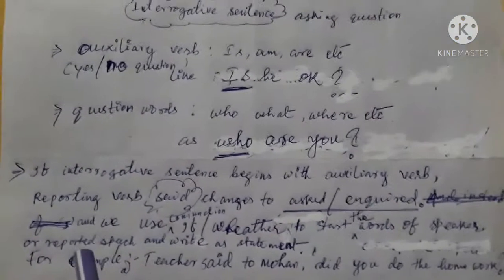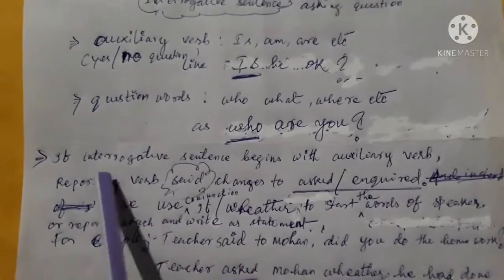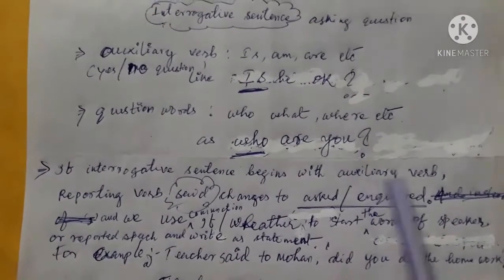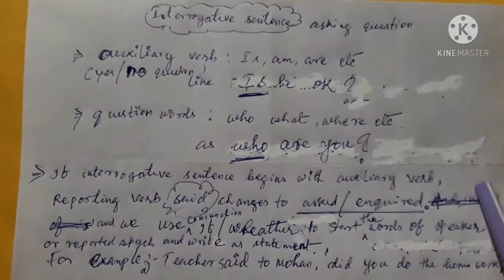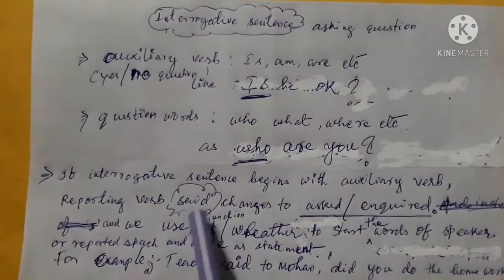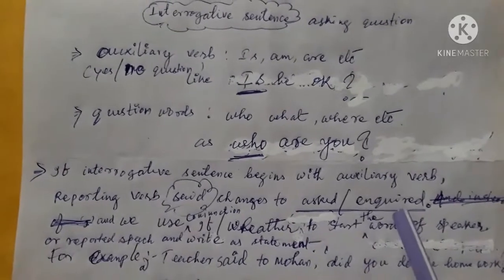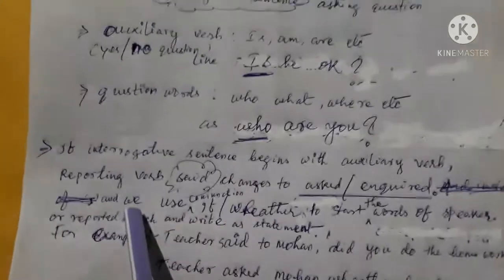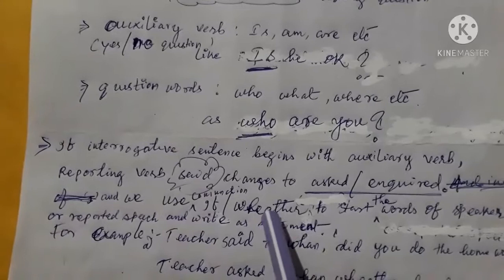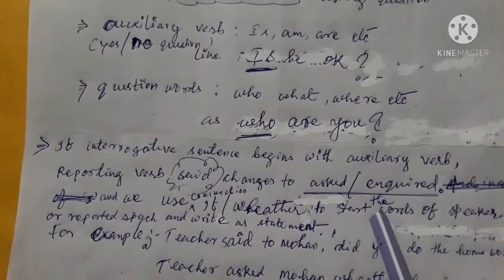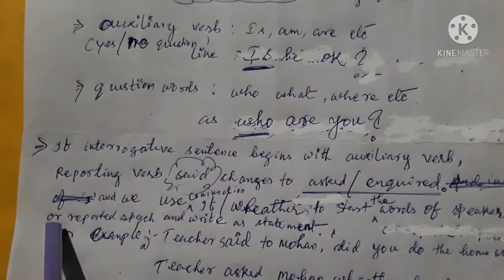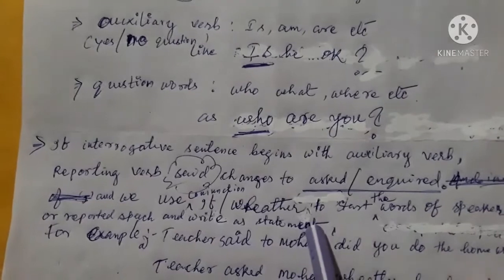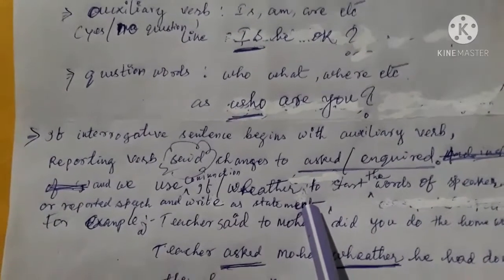Now, if an interrogative sentence begins with an auxiliary verb or helping verb, the reporting verb said changes to asked or inquired. And we use the conjunction if or whether to start the words of the speaker, or reported speech, and write it as a statement. All right?